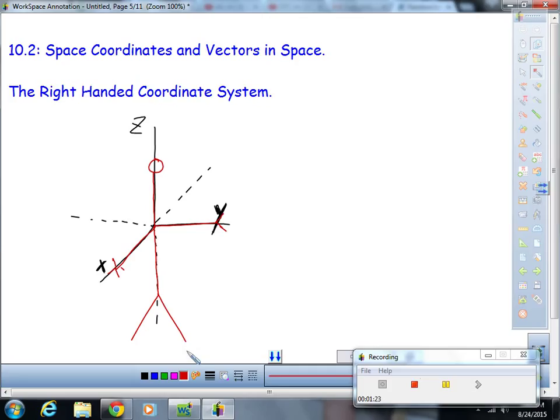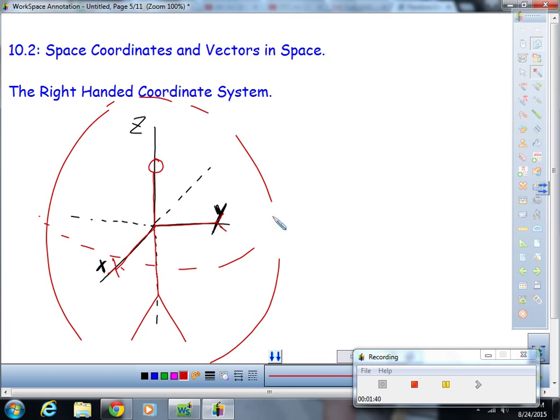That's a way for you to remember which one is X and which one is Y. Because what you have to be able to understand is that this thing can rotate, and you can be looking at it from the top, or the bottom, or the left. So kind of imagine it like a sphere. Okay. So the x-axis, positive, will always be the right hand of our little stick figure. That's the first thing you need to know.